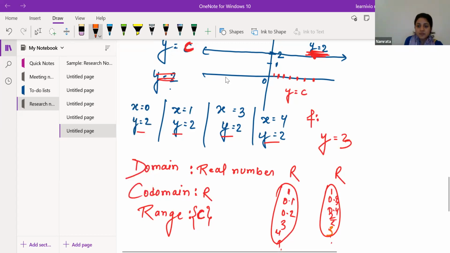If you take x as 1, your y will be 3. If you take x as 0.1, your y will be 3. If you take x as 0.2, your y will be 3. If you take x as 3, your y will be 3. Instead of 3, if c is there, every time your y will be c. C is just a constant. Okay? Yes, ma'am.